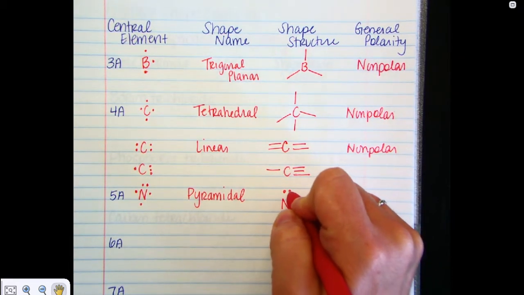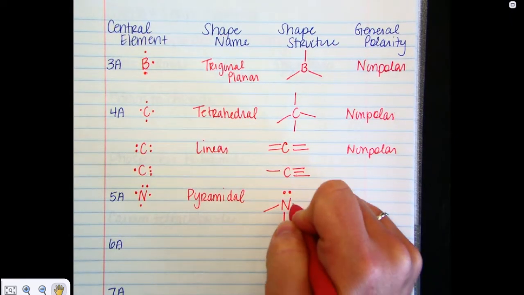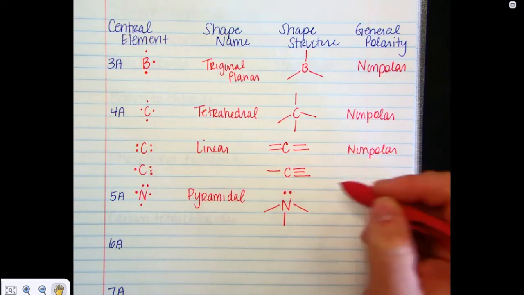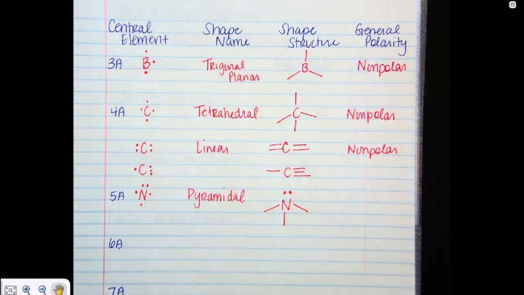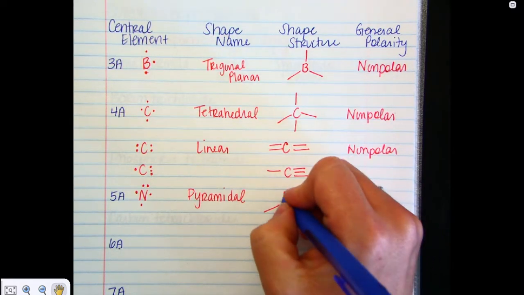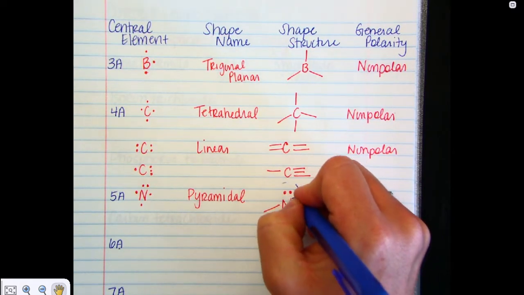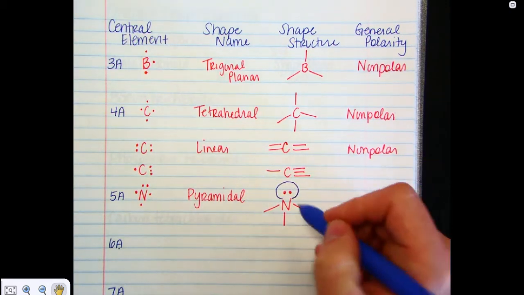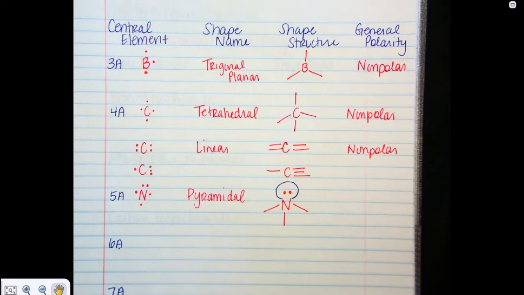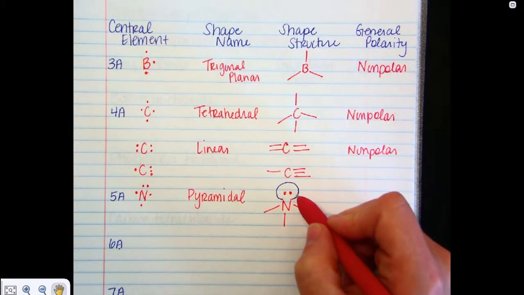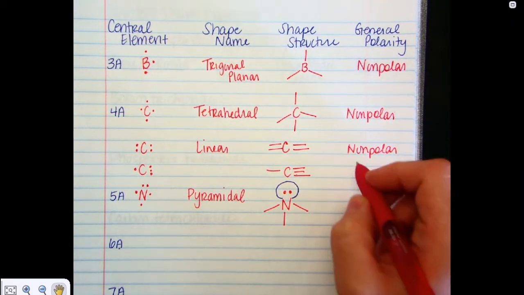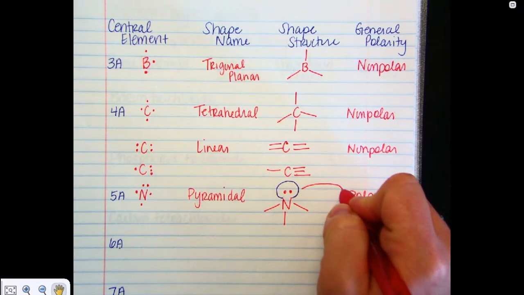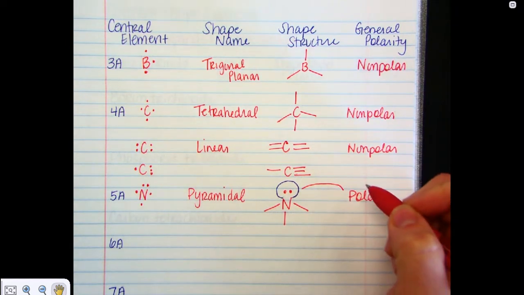So when I put my pair on top, that forces the other bonds down. This pair, it doesn't look like it from the way I've drawn it, but in reality, takes up a significant amount of space over top of our nitrogen. And it pushes those bonds away. It repels them because, again, it's negatively charged, so it's pushing them away. The presence of this unshared pair of electrons makes this molecule polar.